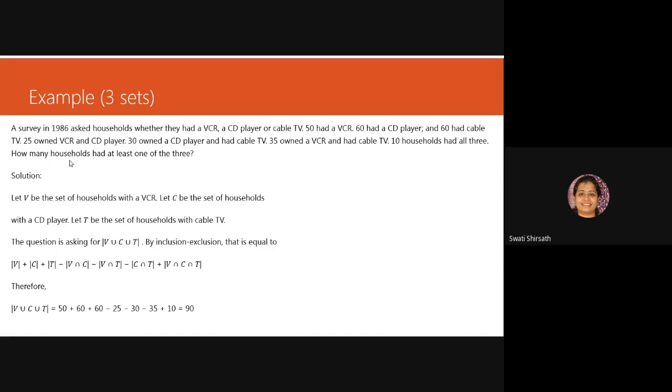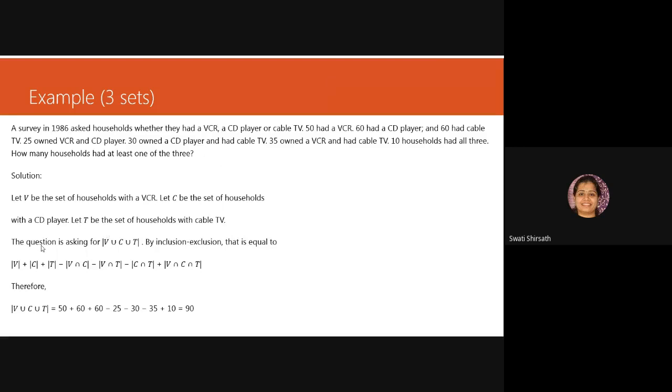So when or comes, it is obviously union. So you have to find the union of VCR, CD player, and cable TV. And 10 households had all three. It means it is the intersection. They had all three means they had VCR and CD player and cable TV. So that is nothing but the intersection.